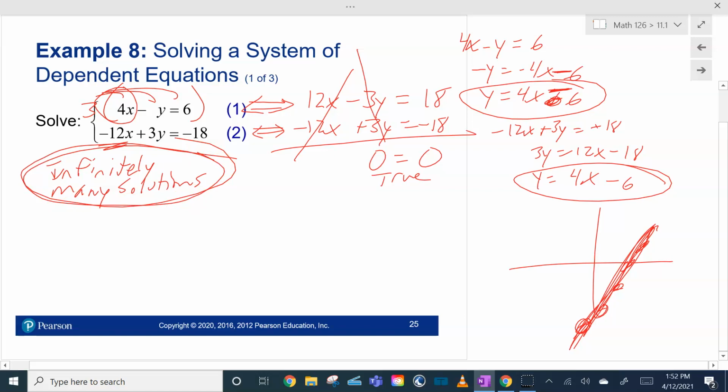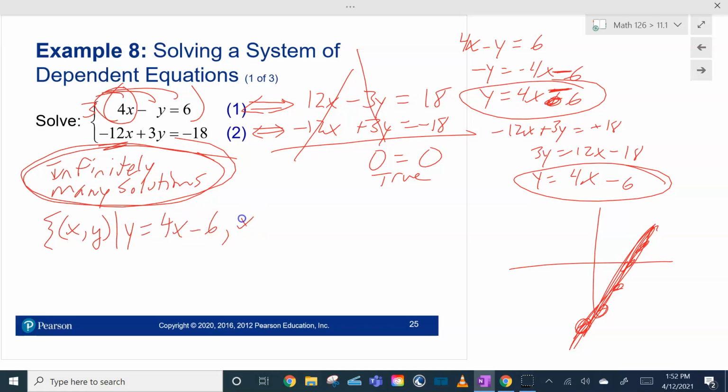solutions to this. Okay. And so how you express that is, another way of expressing infinitely many solutions in set notation, you just say it's a set of all xy values such that y equals 4x minus 6, where x is any real number.